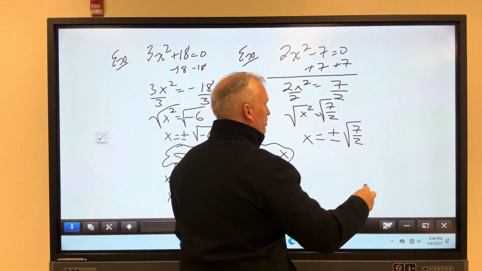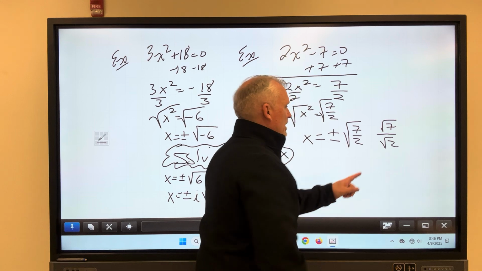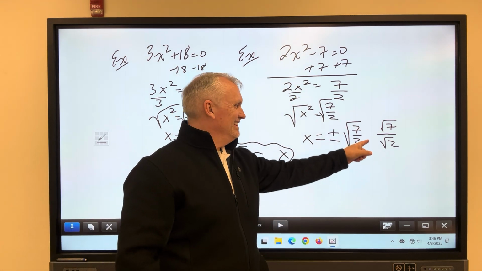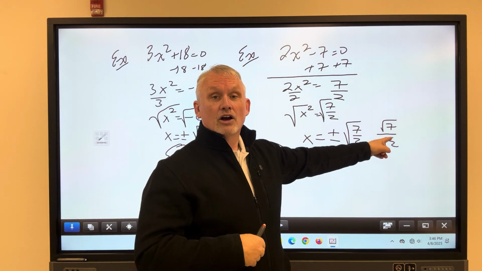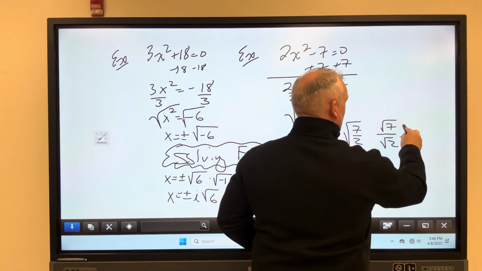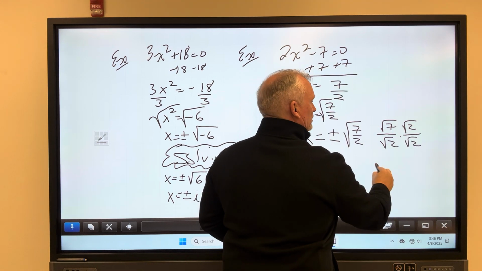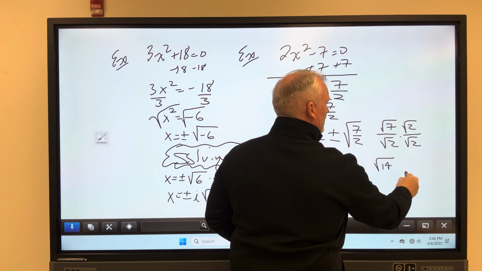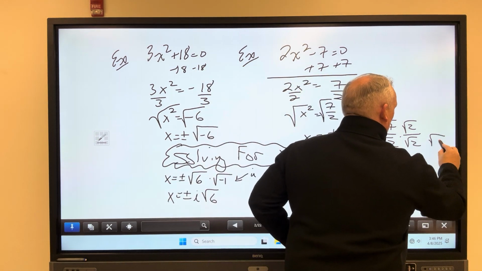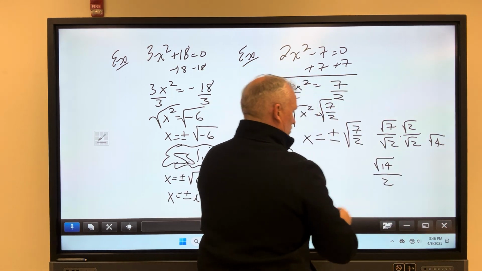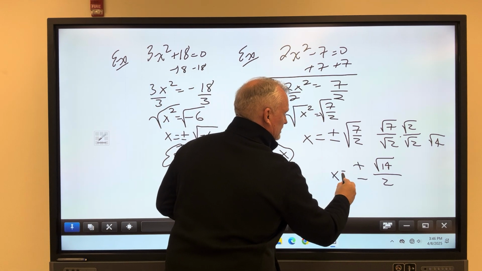So I have to put this square root over the top and the bottom. If you can't simplify what's underneath this radical sign, put the square root sign over the top and bottom. Rationalize. Square root of 2 over the square root of 2. Multiply across the top, I get the square root of 14. Across the bottom, I get the square root of 4. Well, what's the square root of 4? 2. And remember, it's plus and minus.